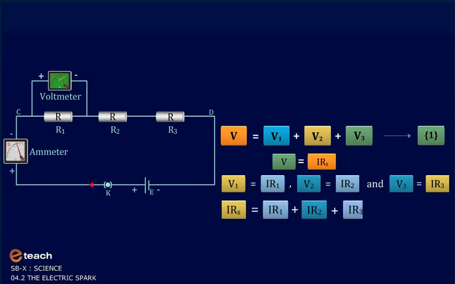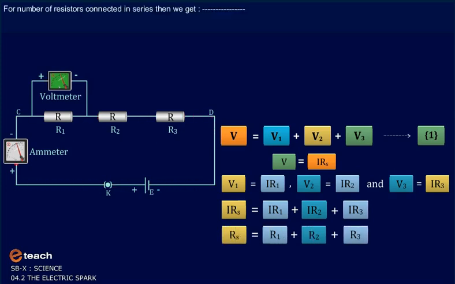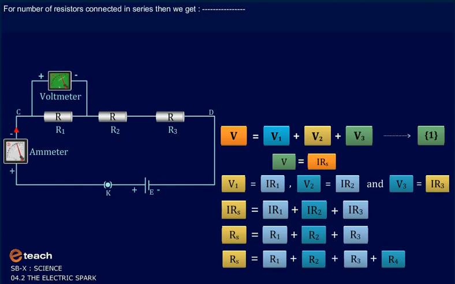Rs is equal to R1 plus R2 plus R3. For number of resistors connected in series, we get Rs is equal to R1 plus R2 plus R3 plus R4 plus Rn.